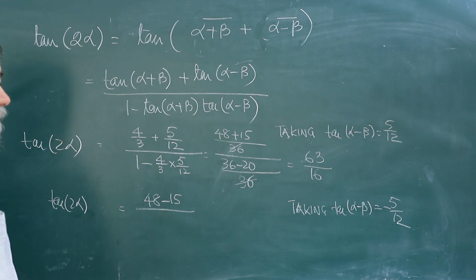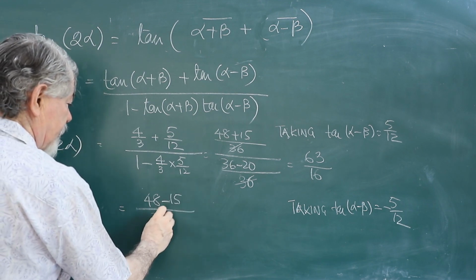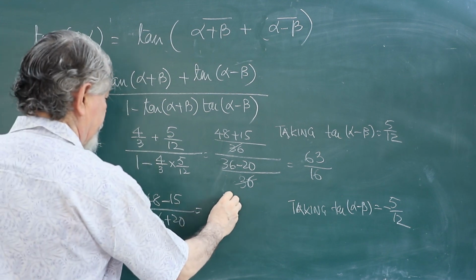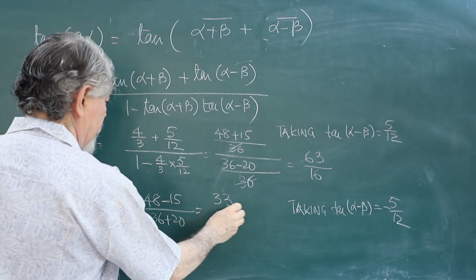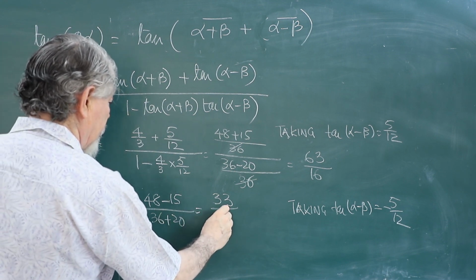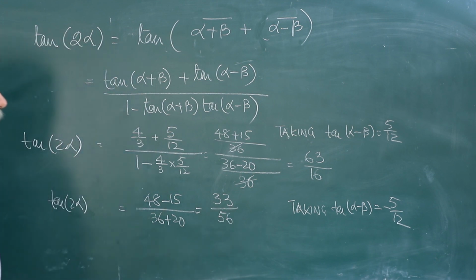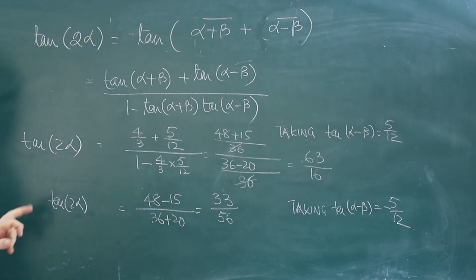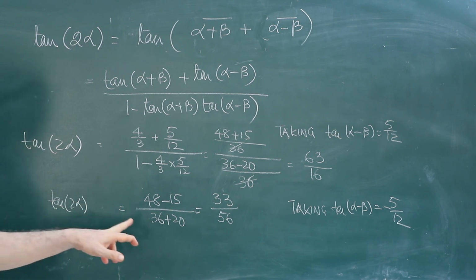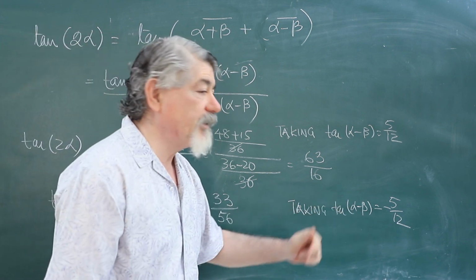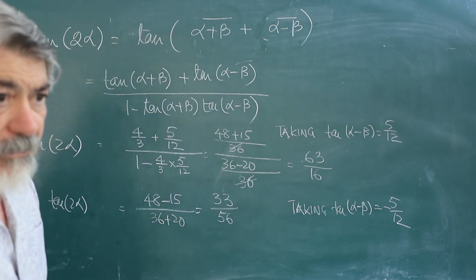Minus into minus will become plus. So it will be 36 plus 20. 48 minus 15 is 33, and 36 plus 20 is 56. Tan 2 alpha will have value 33 upon 56 when tan alpha minus beta is minus 5 upon 12. Thank you.